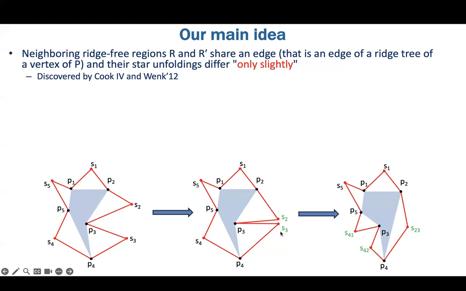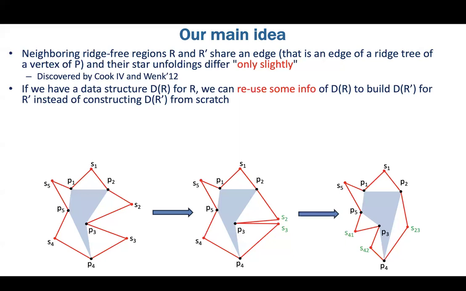The other n minus 4 source images do not change. That's the observation. Therefore, assuming we have a data structure D_R for R, we could reuse some information of D_R in order to construct D_R' instead of constructing D_R' from scratch. That's the motivation of our idea.